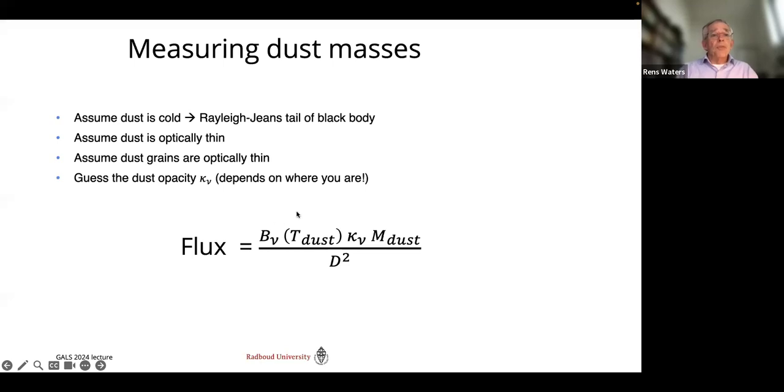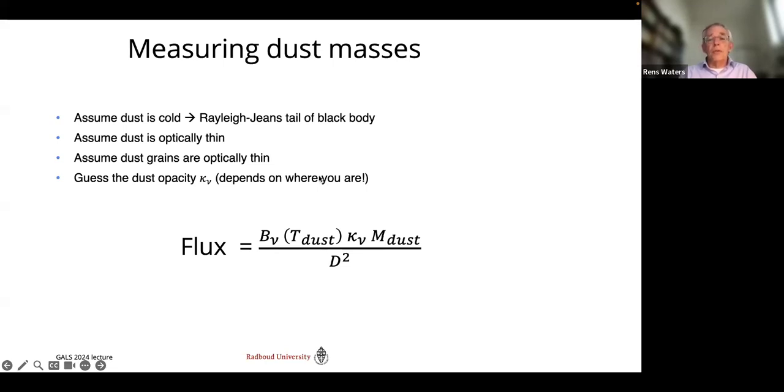We can also measure dust masses. So assuming, for instance, the dust is cold, so we have the Rayleigh-Jeans tail of a black body, we assume that the dust is optically thin, and we can also assume that the dust grains themselves are optically thin. Then you can actually measure the dust mass, but of course you still need a value for the opacity of your dust grains, and that depends very much on where you are, or in other words, what is the mixture of the dust that you're observing?